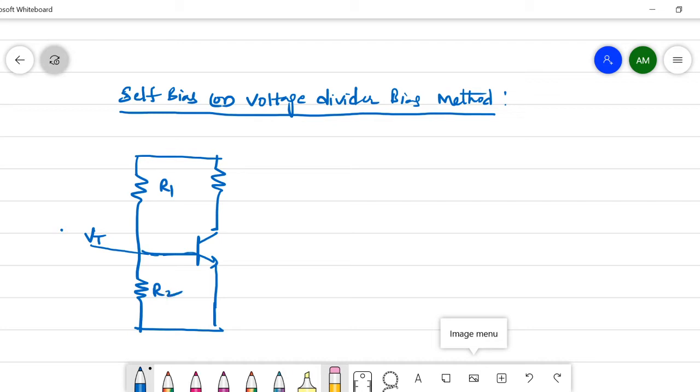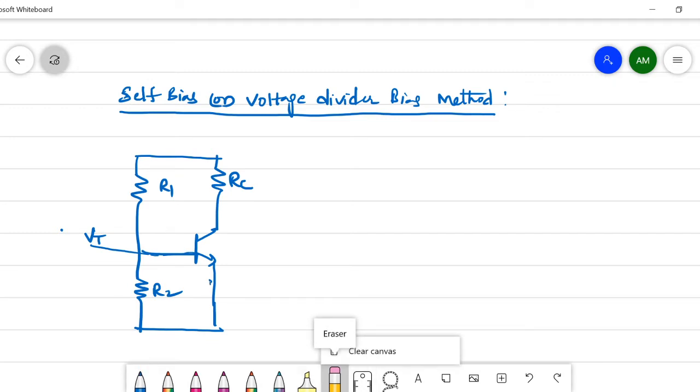R1, R2, the Thevenin's equivalent voltage V Thevenin, RC, and one more resistor, RE, the emitter resistor. This is the collector current IC, the base current IB, and the base emitter voltage VBE.